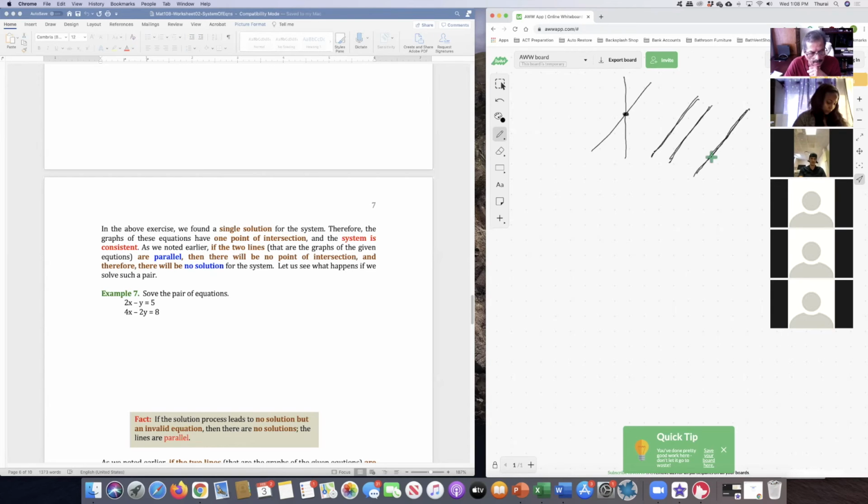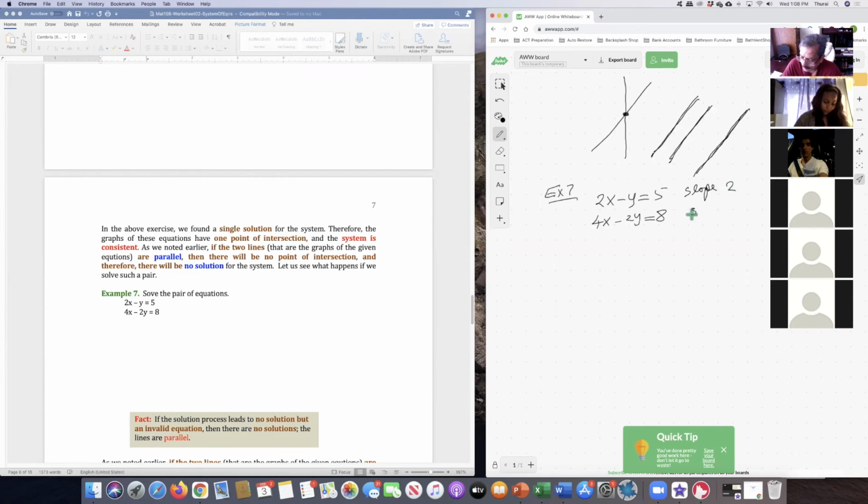So we're going to see how to recognize these three different situations in this elimination method. I chose example 7 to illustrate one of those. 2x minus y equal to 5 and 4x minus 2y equal to 8. First we can verify that they are not going to be intersecting. Find the slope of the first equation, y equal to 2x, so 2 is the slope.